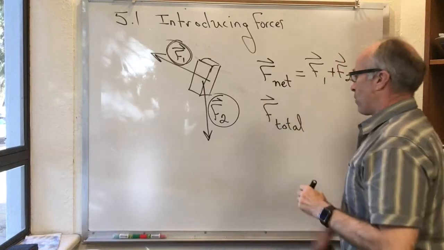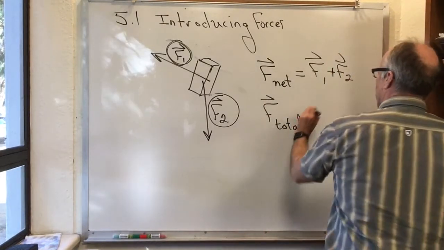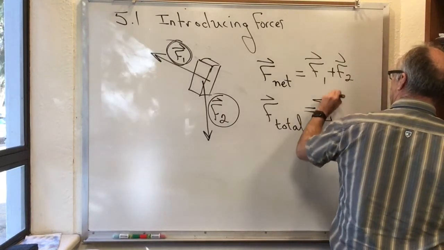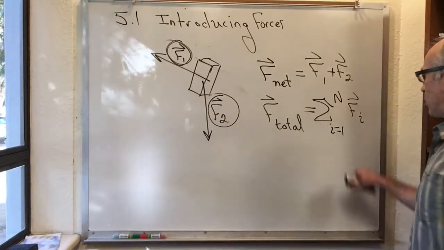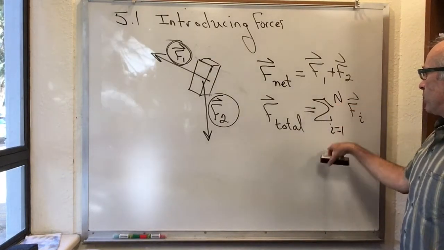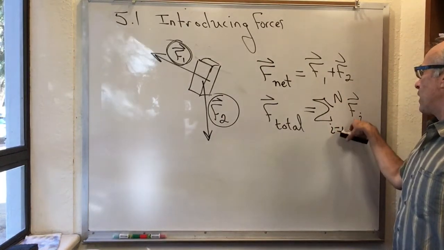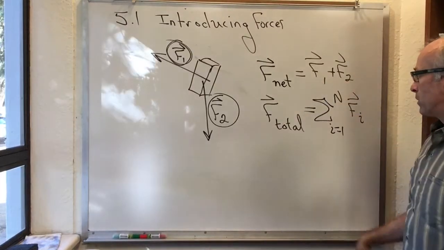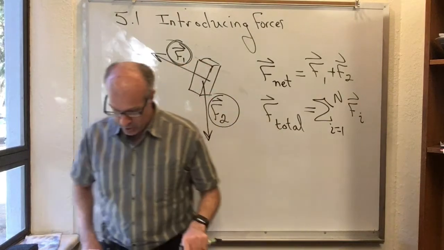By the way, if there were n forces, not just 2, I could say this is the sum from i equals 1 to n of F sub i. So in the case that n equals 2, this sum represents a sum from i equals 1 to 2 of F sub i. That would be F1 plus F2. But in general, we can have a lot of forces that are simultaneously acting on an object.